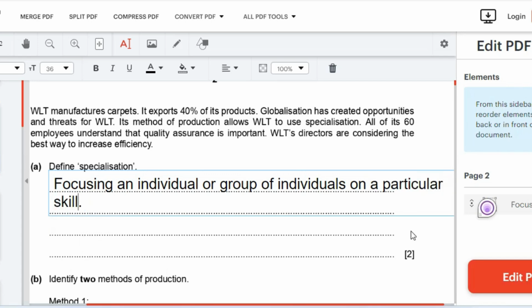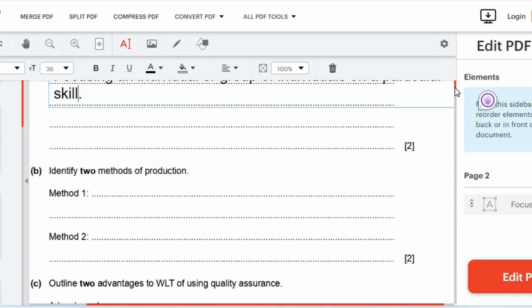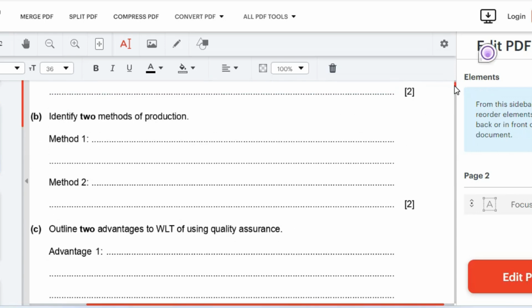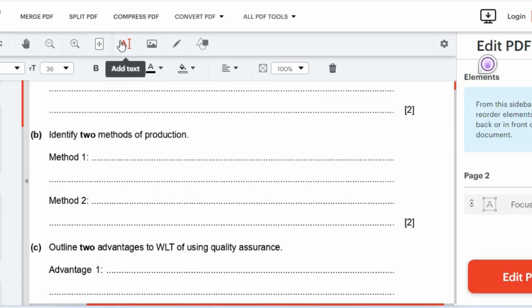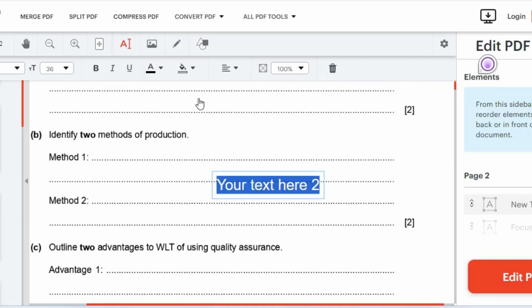Now we move to question 1B. Question 1B says we should identify methods of production. Of course, there are just 3 methods of production. We have job, batch, and flow or mass production. Now let us just identify the 2 that were required according to the question.